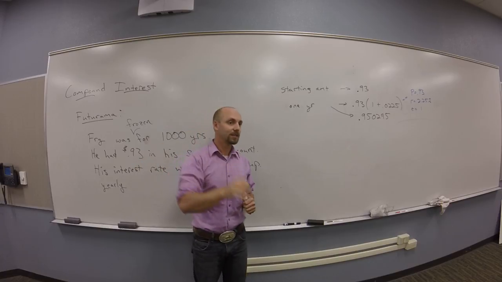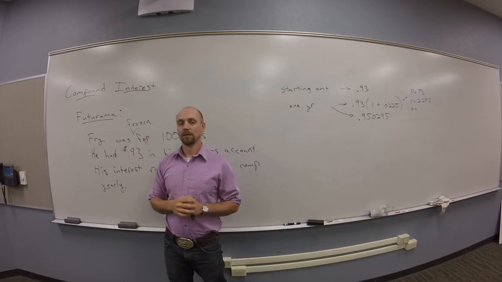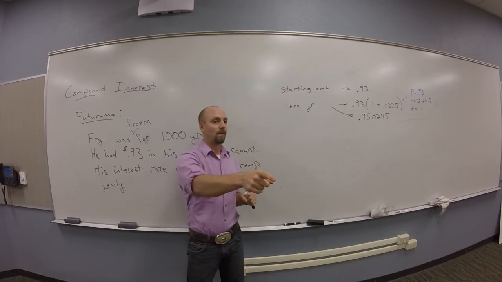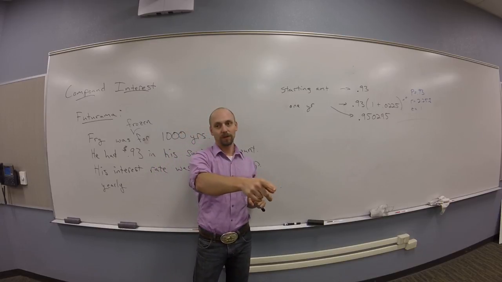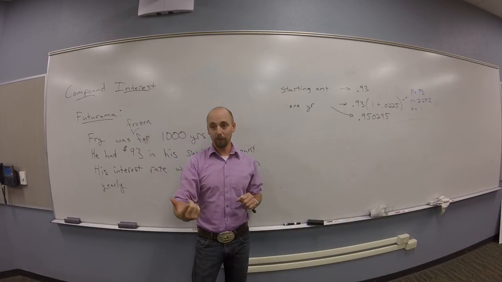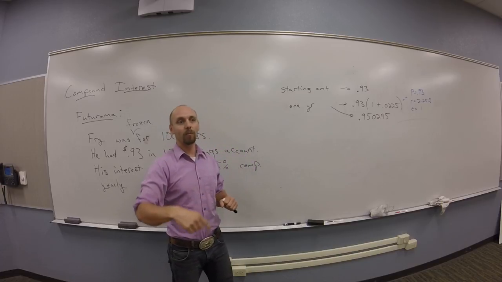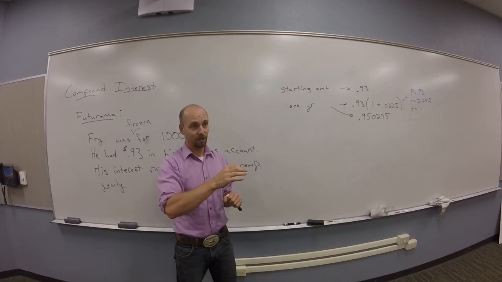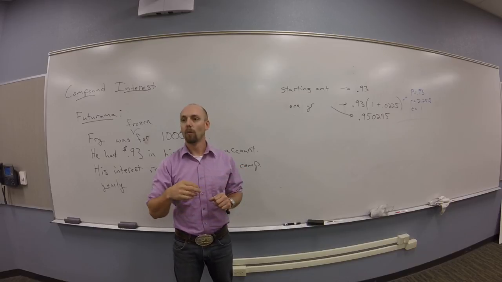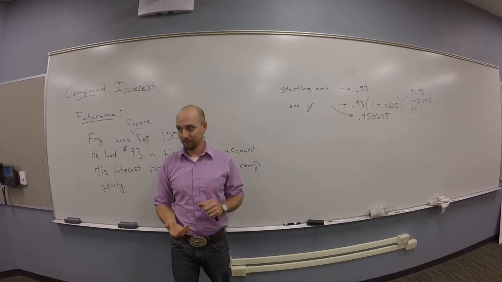How is compounding different than simple? Because now your starting amount would be the 95 cents instead of 93 cents. Perfect. We're going to pay simple interest again in the next year, but instead of paying it on what he had originally, we're going to pay simple interest on what's in his account today.